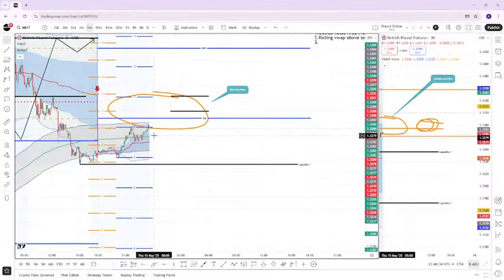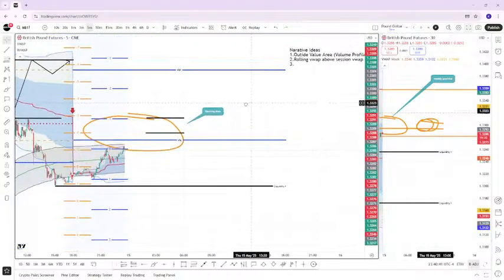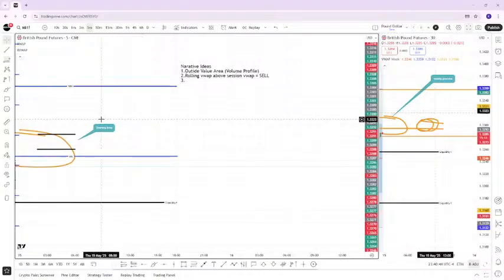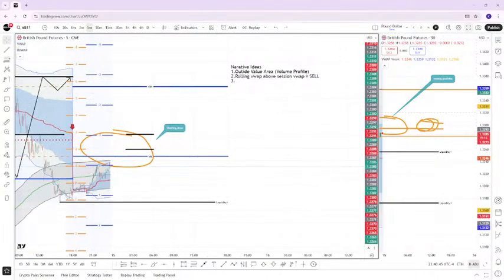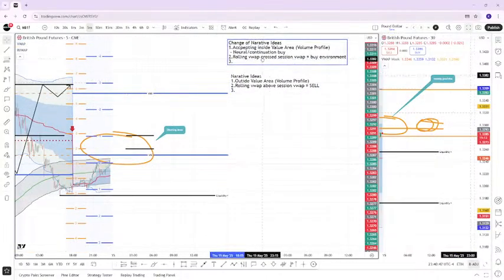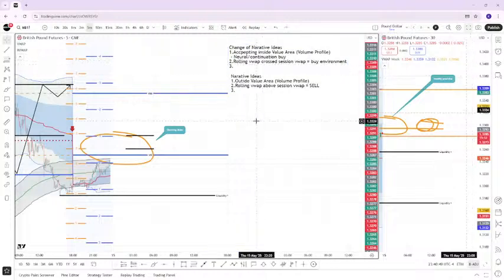If before this happens we have a view up crossover, I'm not interested. So that's the three conditions that I won't enter the market.